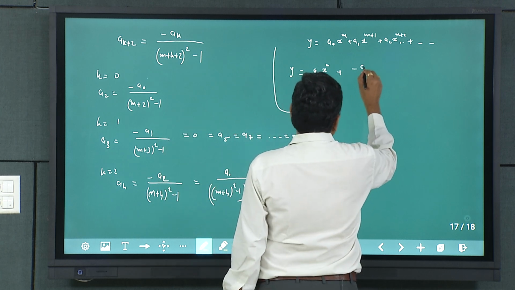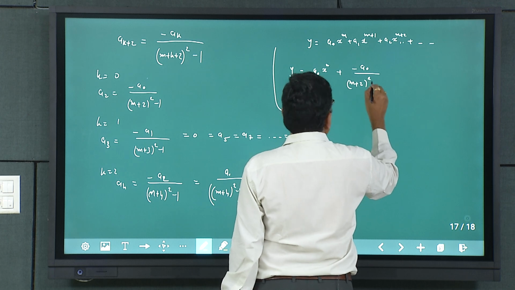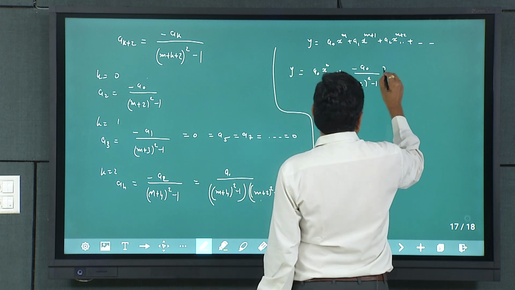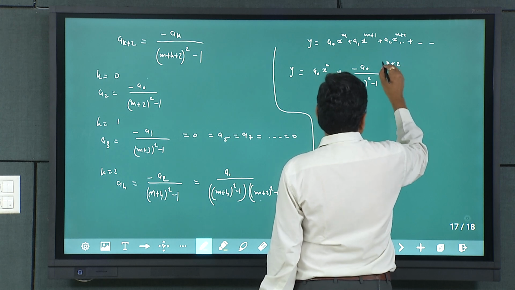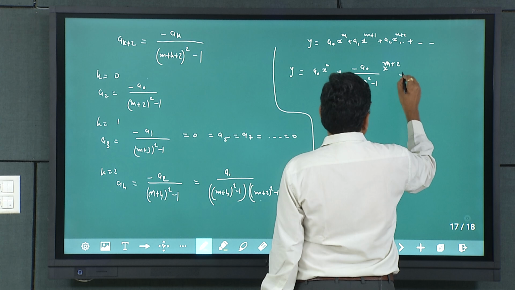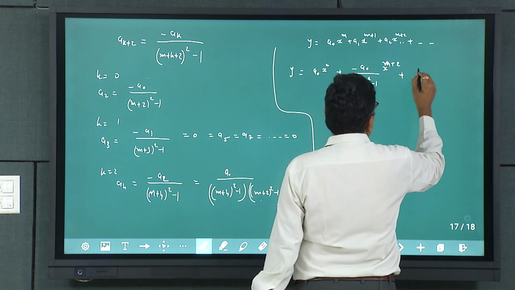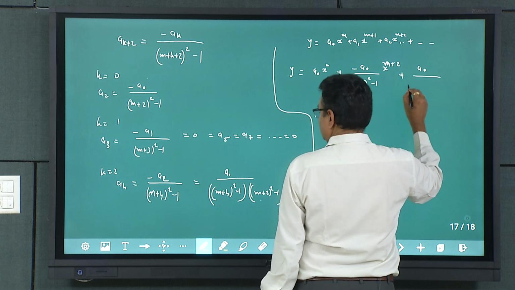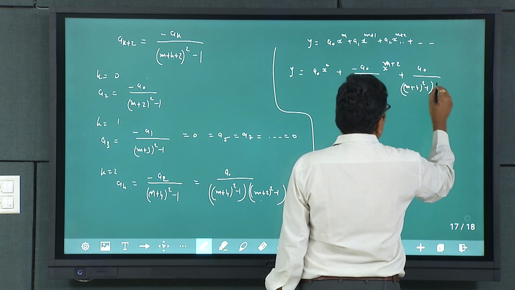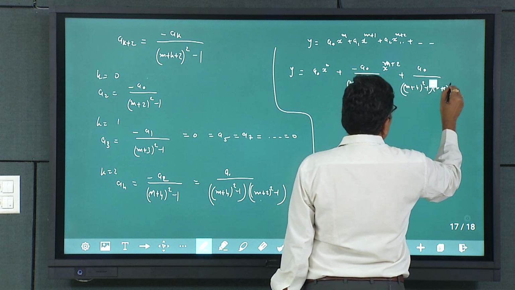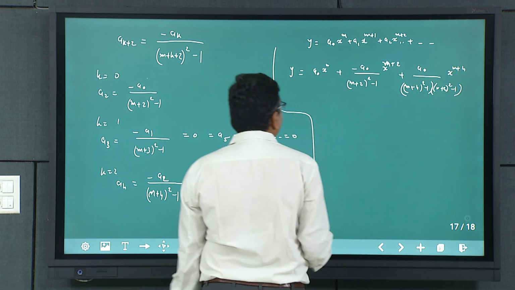A2 is minus a0 upon m plus 2 whole square minus 1 into x raised to power m plus 2, right, plus a3 is 0. So a4 is a0 upon m plus 4 whole square minus 1 into m plus 2 whole square minus 1 into x raised to m plus 4, right.